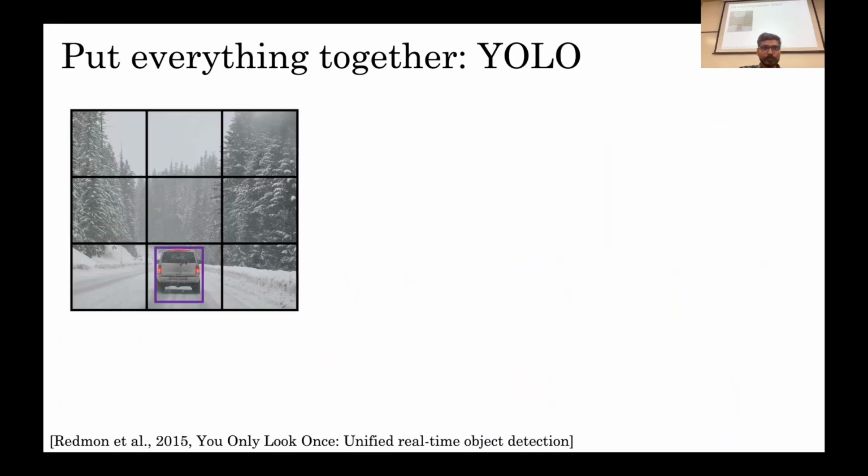If we put everything together, what we get is the YOLO algorithm. We have seen all the ingredients required to define the state-of-the-art algorithm which people use in current times. Let us see how YOLO works. Say we have an image like this and we divide it into fixed size windows.